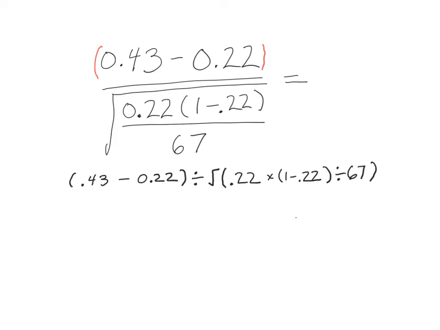So inside the parentheses, minus 0.22 times parenthesis 1 minus 0.22 parenthesis divide by 67, and then close your parentheses. You might have to type that in, or it might already be there, depending on your calculator.